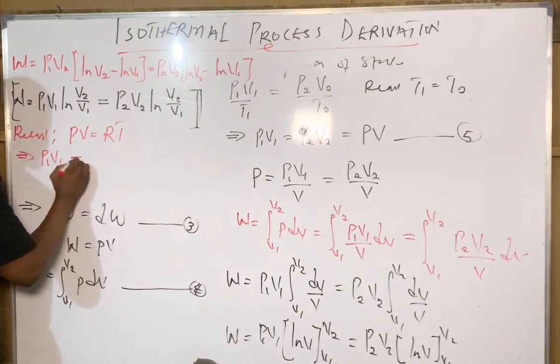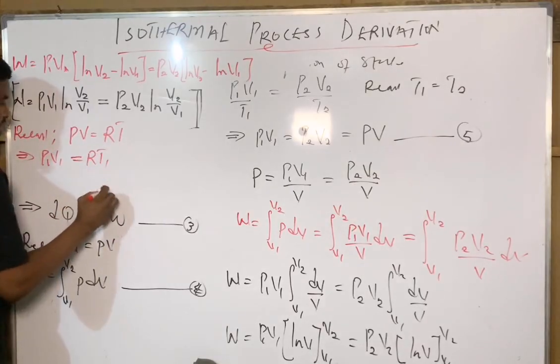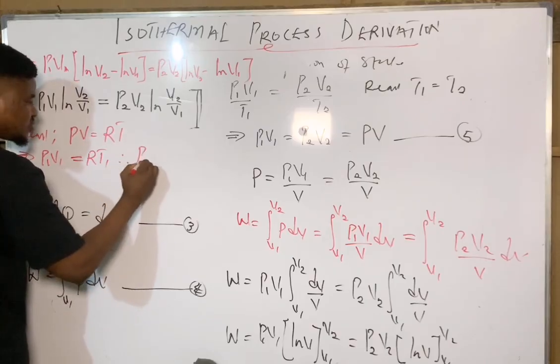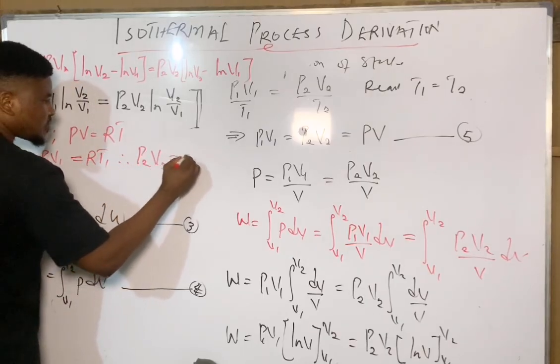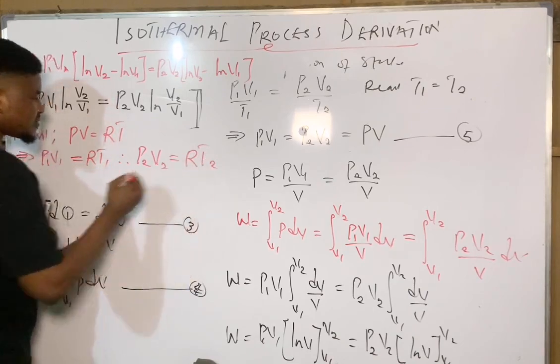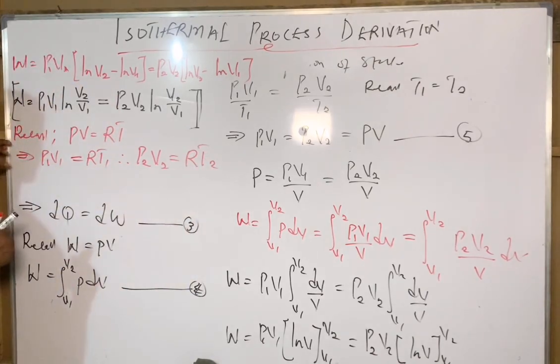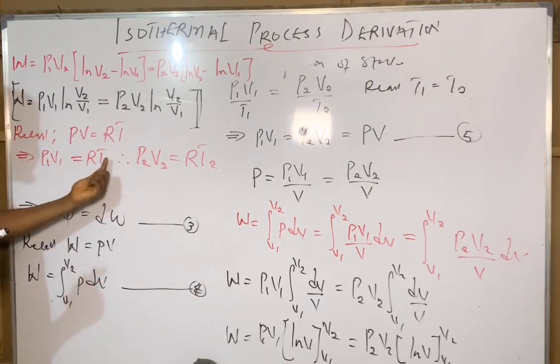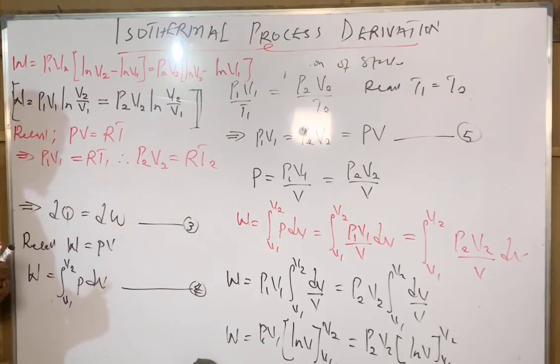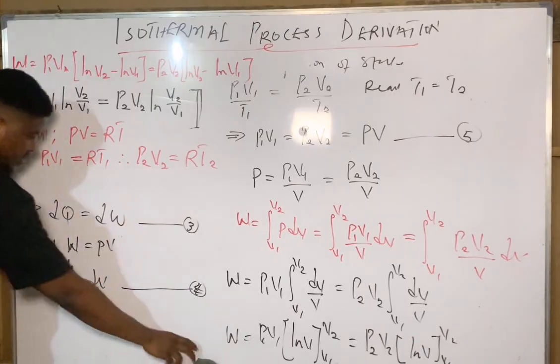So P1 V1 is equal to RT1. Similarly, P2 V2 is equal to RT2. So in place of P1 V1 in this work done equation, simply plug in the value RT1 and then RT2. So we have a new work equation.